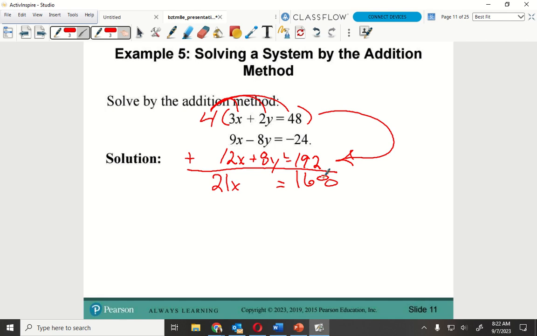I got 21x. So what am I going to do to get rid of the 21? Divide both sides by 21. All right, so x is 14. No. It is 8. Dang it.